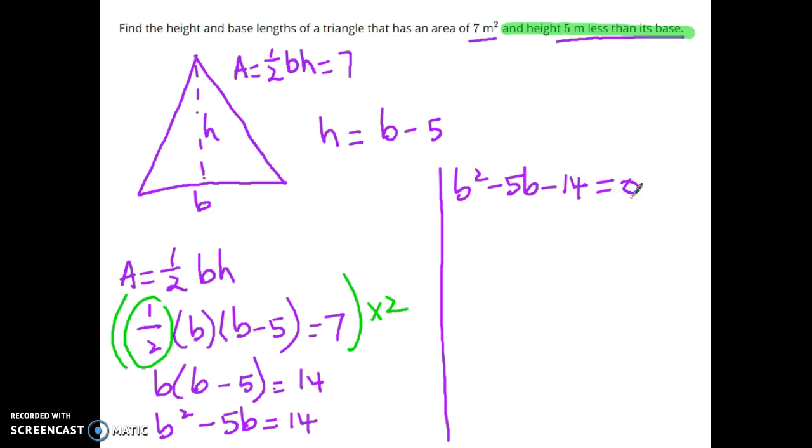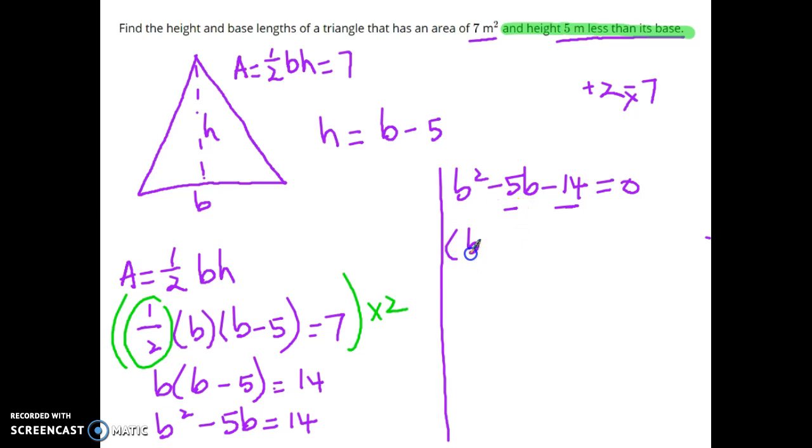So now I need factors of minus 14 that add to minus 5. I'm going to have 2 and 7. 2 and 7 make 14. I need to have a plus 2 and a minus 7 so that I end up here at minus 5.